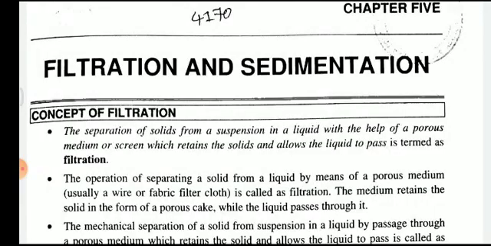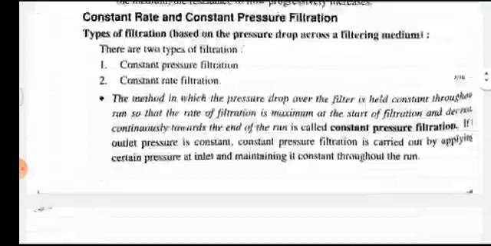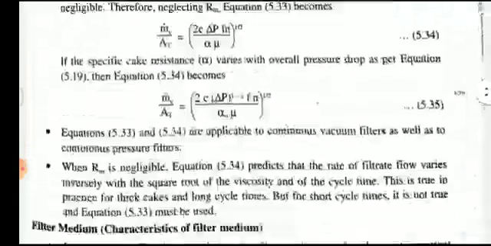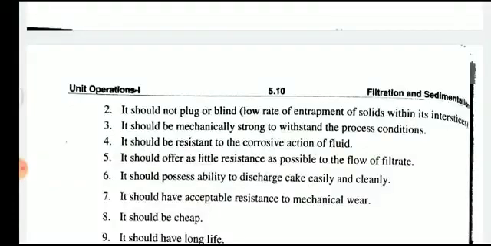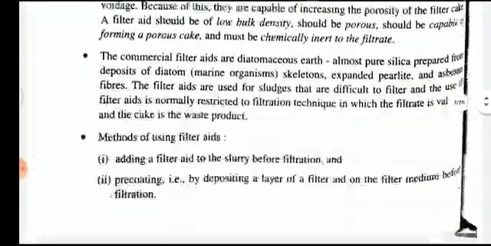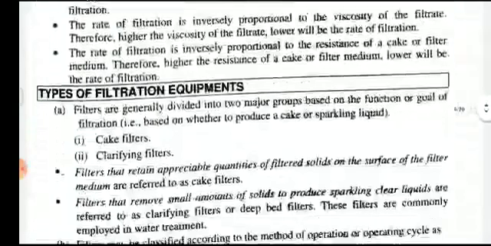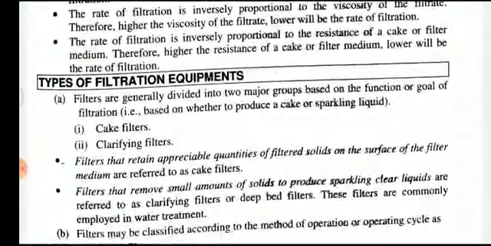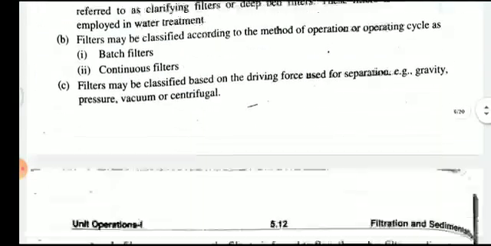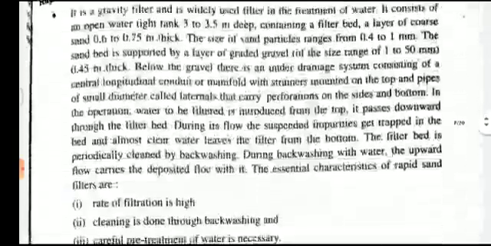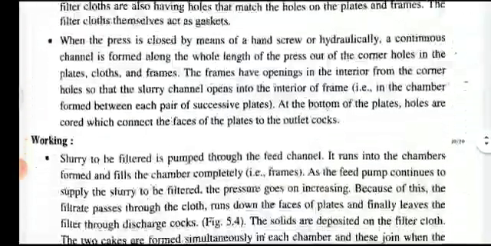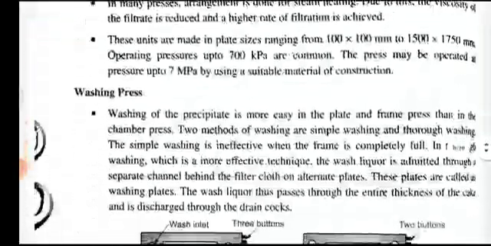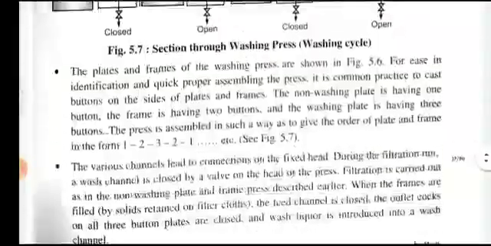Unit number 4, filtration and sedimentation. Recently we discussed constant pressure and constant flow filtration, filter medium, filter aids, factors affecting the filtration, then types of filtration equipment. Previously we discussed the plate and frame filter press and the washing methods.